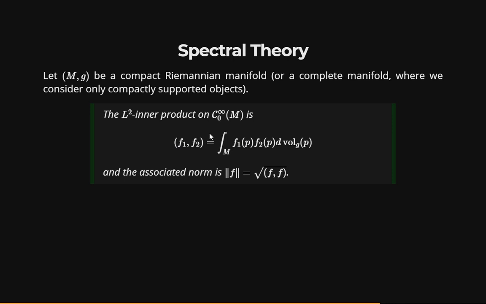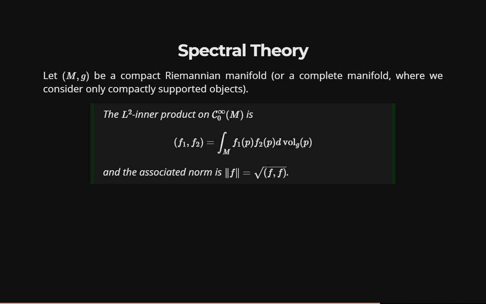The L2 inner product on C infinity functions with compact support: if M is compact, this is just C infinity; if not, this means things with compact support. The L2 inner product is the integral on M of f1 times f2 in the volume. So this is the scalar product that I was talking about before on functions.